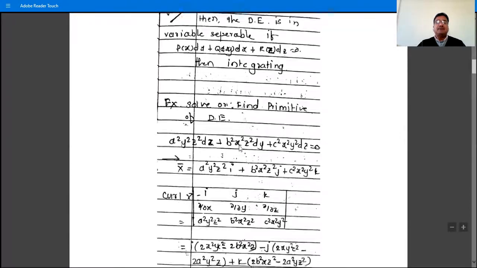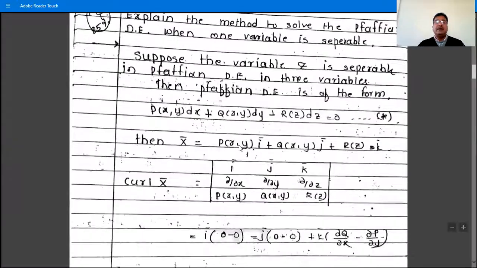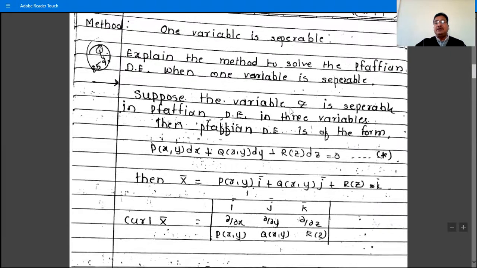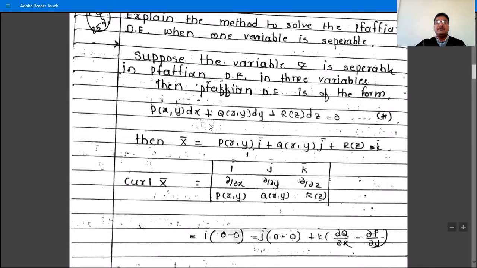So we assume that the given Pfaffian differential equation is one variable separable and the z variable is separable. Then it is expressed in the form P(x,y) dx plus Q(x,y) dy plus R(z) dz equal to 0. The general form of the Pfaffian differential equation is P(x,y,z) dx plus Q(x,y,z) dy plus R(x,y,z) dz equal to 0.